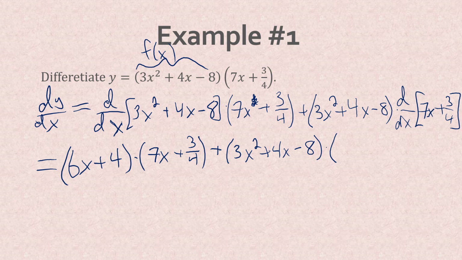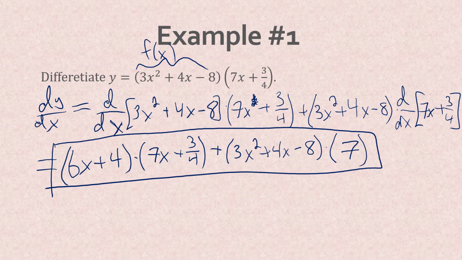And the second was just 7x, so its derivative is 7. At this stage, you could combine like terms and simplify if necessary, but in the end, that's the derivative of the product.